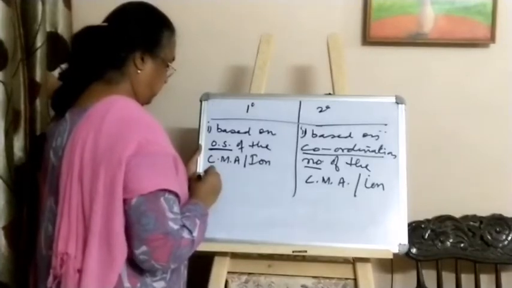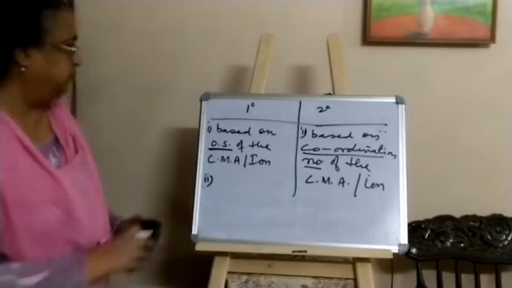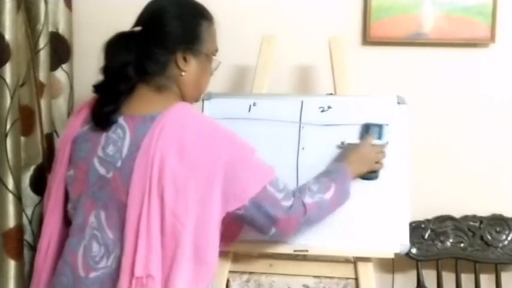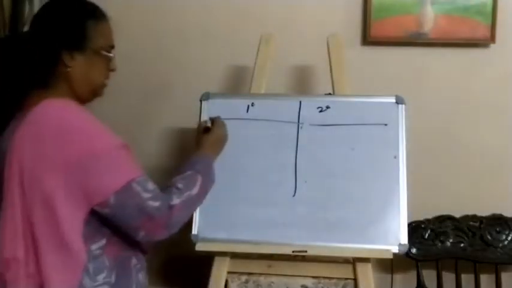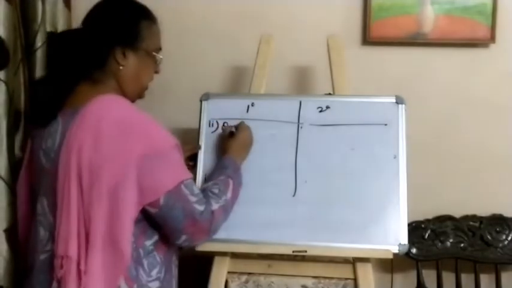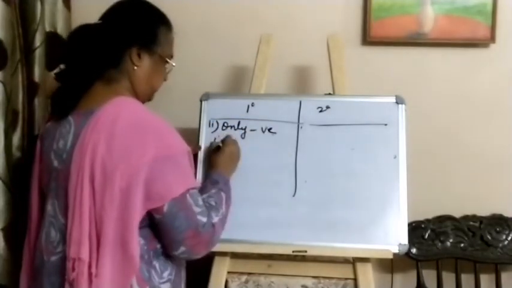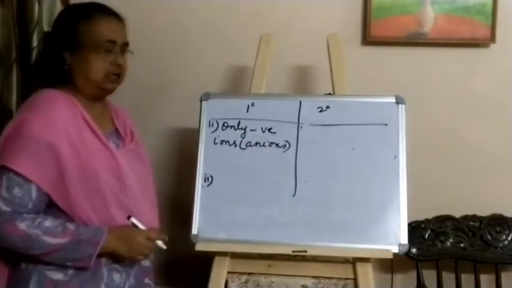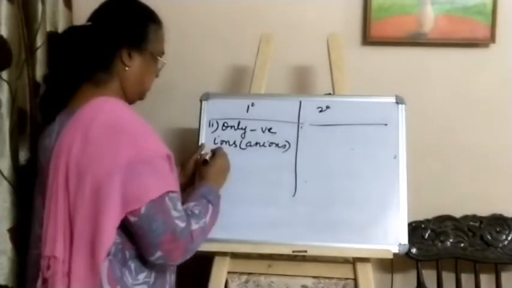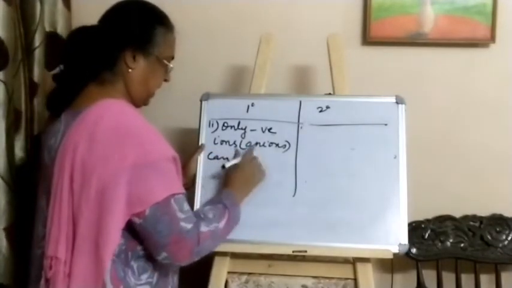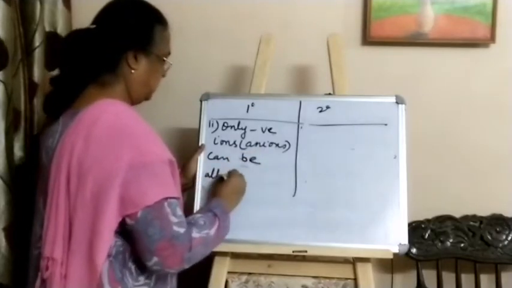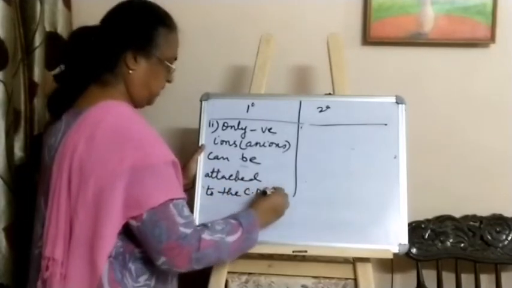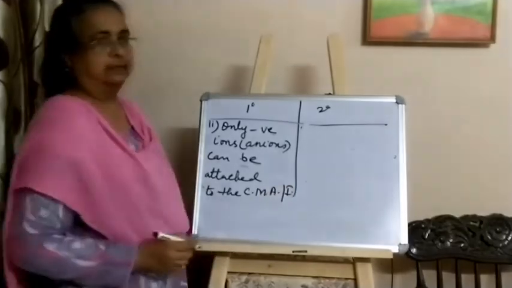Now the next point about the primary valency is that only negative ions, that is anions, can be attached to the central metal atom or ion.